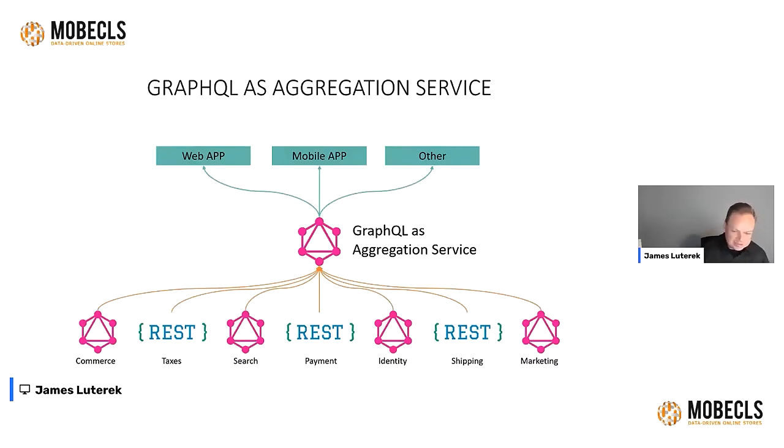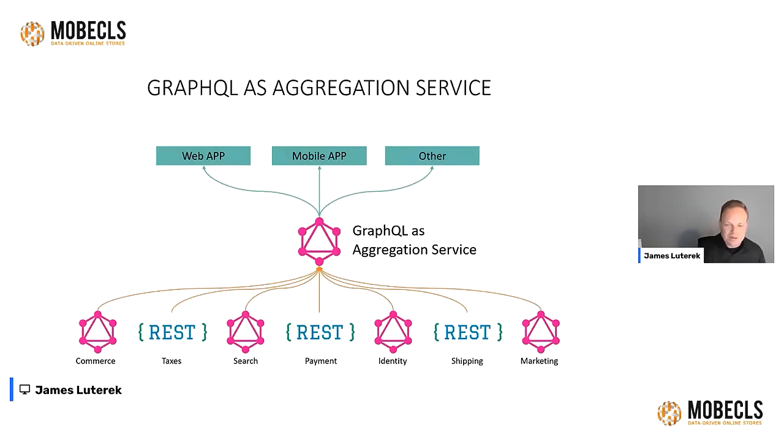So more than likely, everyone at this conference, if you're running an e-commerce shop, has more than one service already running. And GraphQL can help with merging all of those services into one single endpoint to then serve up to all your different customer experiences, to your website, to your mobile application, and more.